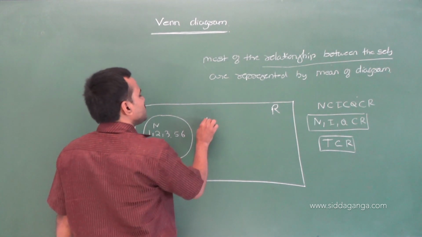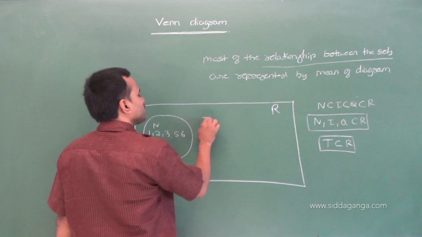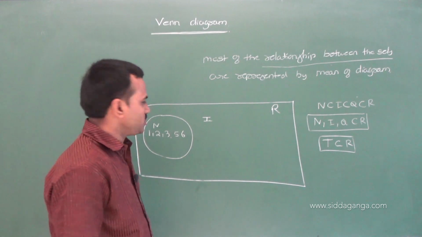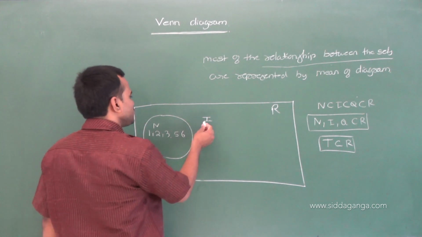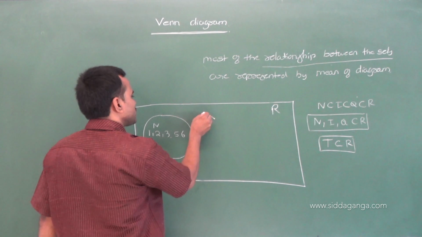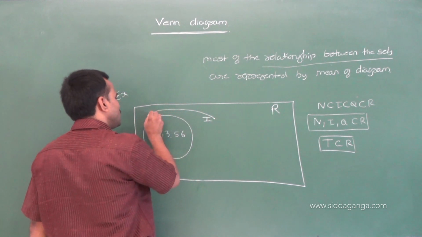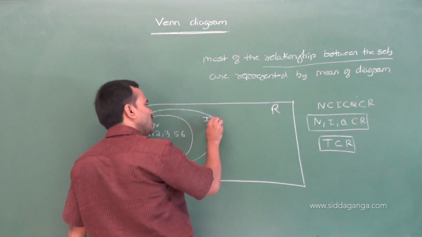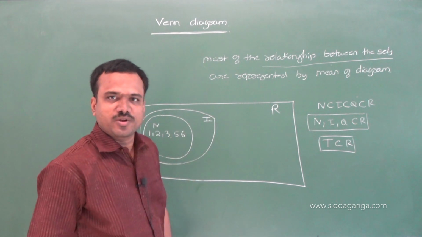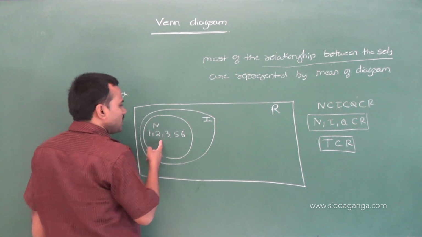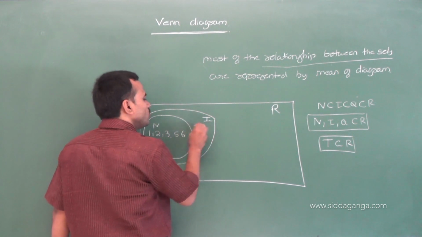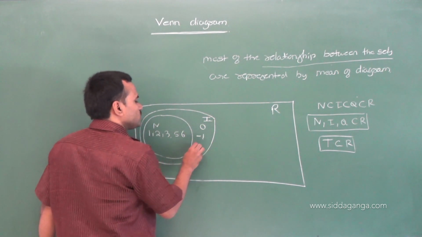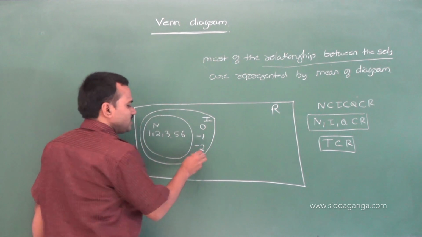Then here I write integers. Integers contain natural numbers along with 0 and negative numbers, -1, -2, -3, like that.